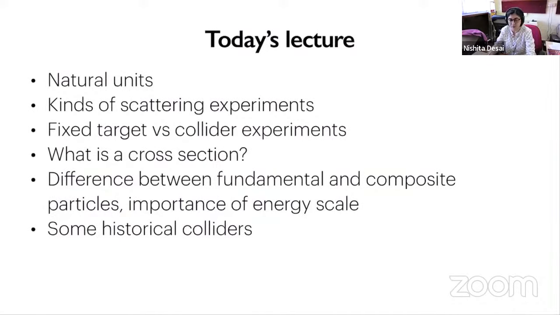Okay. Good. So let's start with the first thing that we have, and many of you might have come across this already, and that is to do with natural units. In particle physics, we are dealing with some very unusual scales, which are not our intuitive human scales.